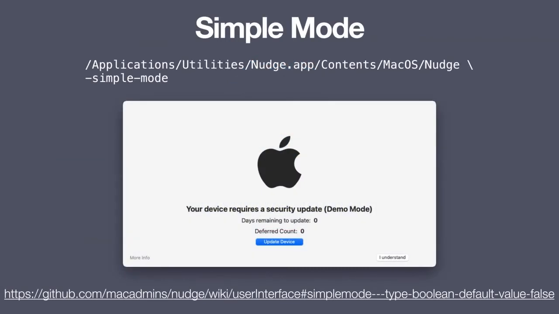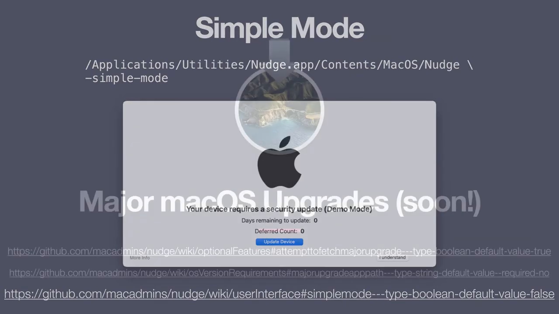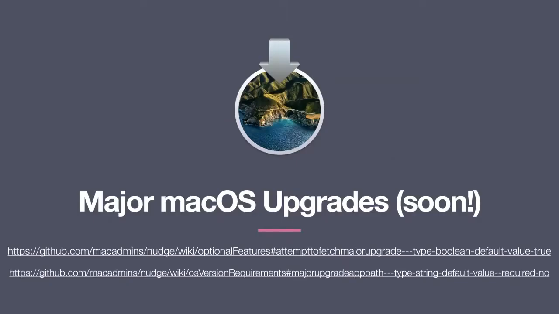And if you find the interface a little bit too busy for your liking, Nudge has a simpler UI that you can invoke as a command line option, or you can set it as a preference. And finally, Nudge will be able to push users to install major macOS upgrades in the future. But since there's no major upgrade for Big Sur just yet, we'll need to wait for that.